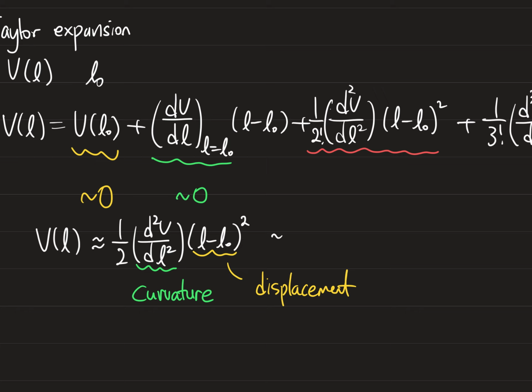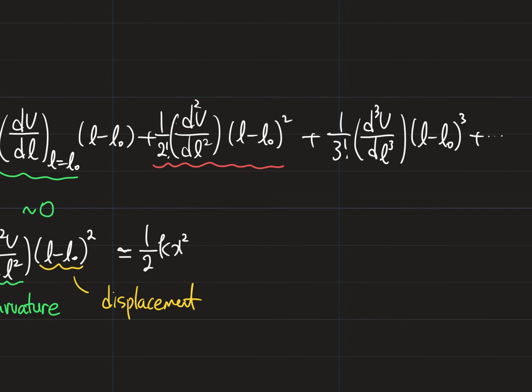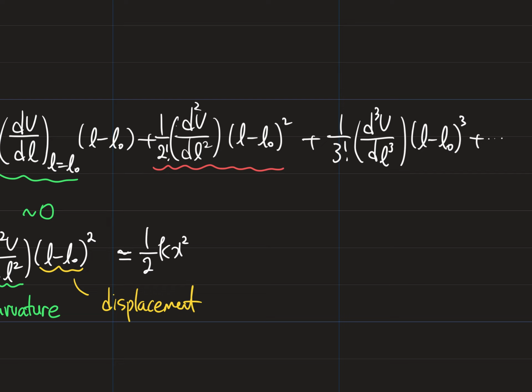So that's why we write this equation something like this. So this is the harmonic oscillator approximation, right? This simply involves truncating the Taylor expansion series after the first non-zero term, and by ignoring the third and fourth higher terms, we can obtain this expression.